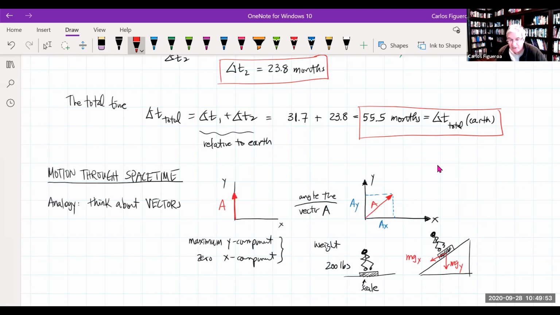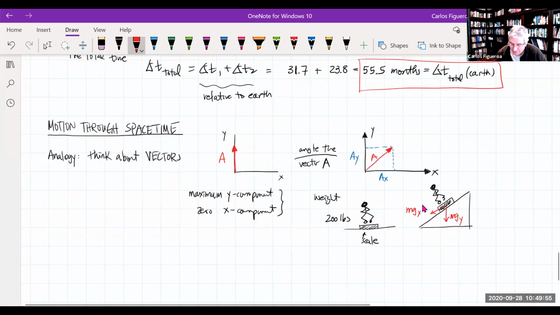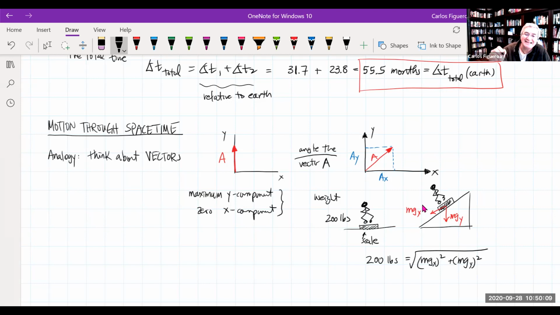The only way you get 200 pounds is if you take the mgx squared term and the mgy squared term and combine them, and only then do you get the weight of the person. So these x and y components are distributed along different axes. Weight is truly a vector.